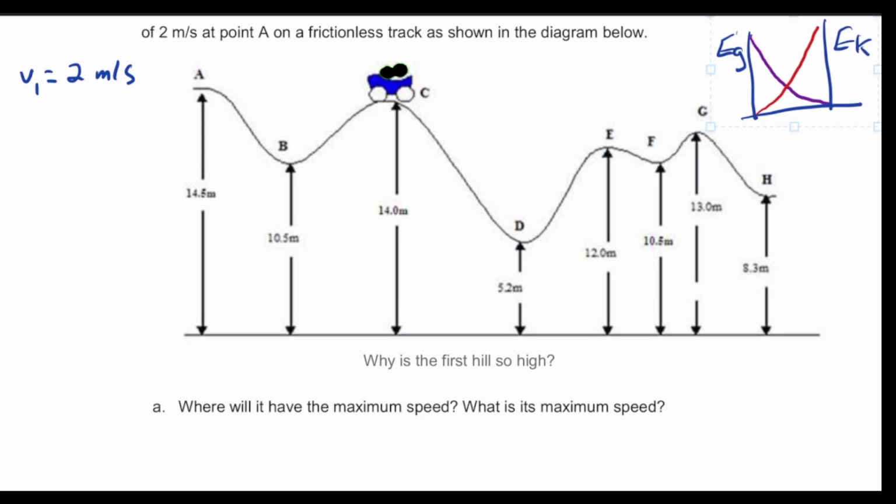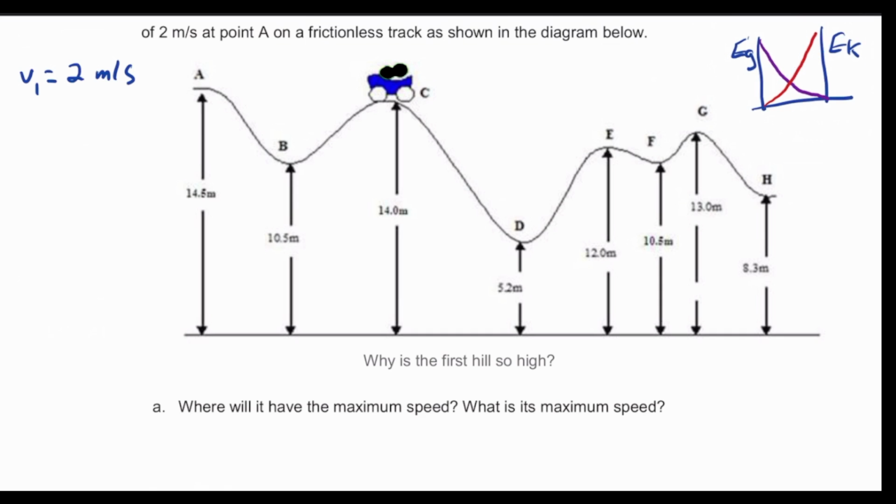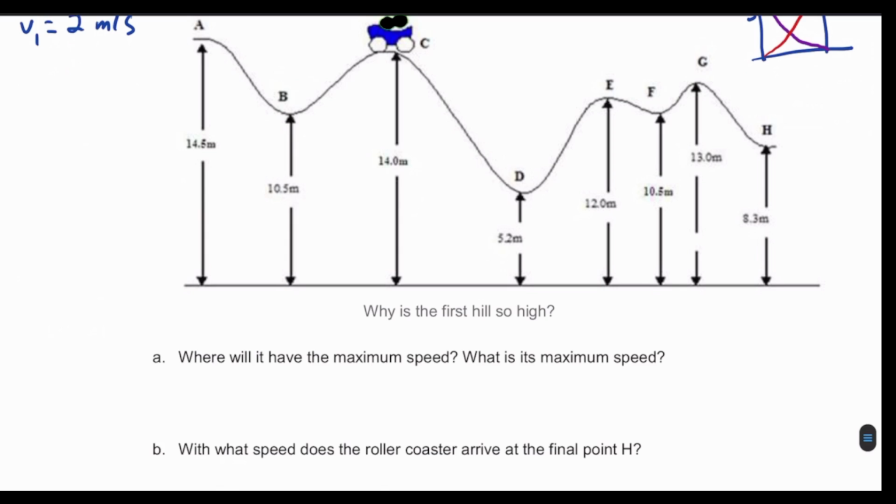I'm just going to move this off to the side here. We'll refer back to it later if we need to. So when will it have maximum speed? Well, at the lowest point on the roller coaster, so therefore at point D. So let's just jot that down. Max speed at point D. And I don't have a lot of room to write here, so I'll say a little bit more than I'm going to write.